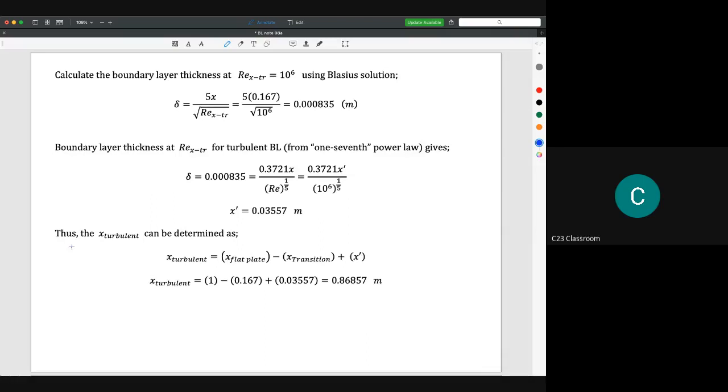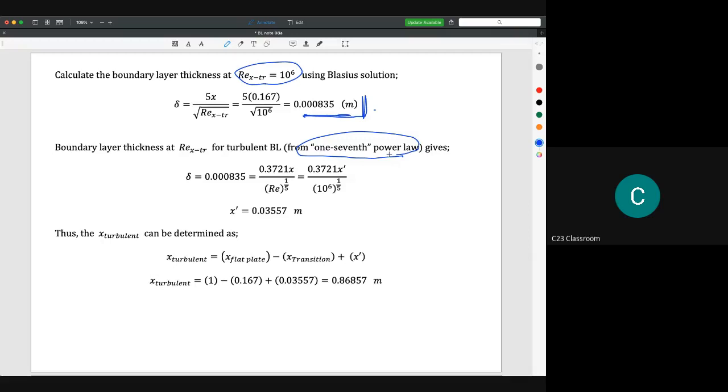First we calculate the boundary layer thickness at the critical point, which is 10 to the power of 6. We substitute the value and then we get the laminar boundary layer thickness, which is equal to 0.000835 meters. Because it is not given in the question, it is okay for us to use the equation representing the turbulent boundary layer.